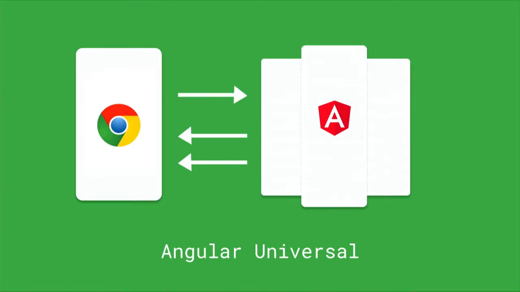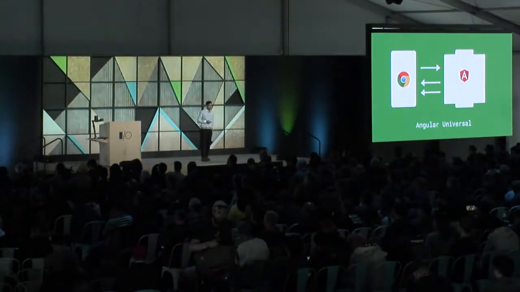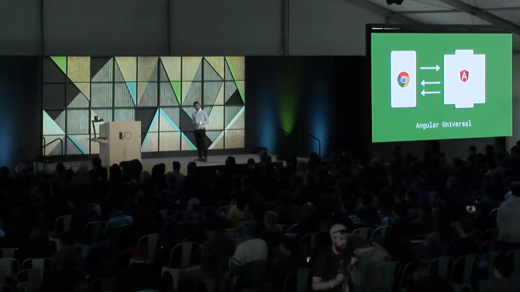Now, we also wanted to take a look at what server-side rendering would look like for these applications, because we can still squeeze out a little bit more performance here. Getting your users a first view really, really fast is kind of critical these days. And Angular Universal basically helps you achieve this with pre-rendering on the server.